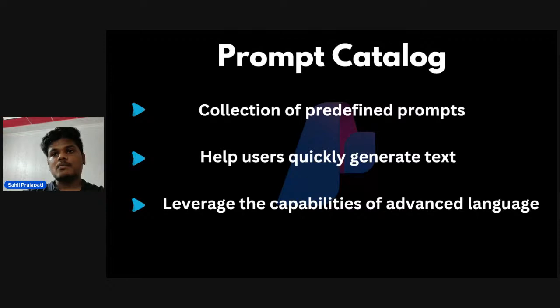It is a pre-built model defined by the other users, or that you can use to quickly generate a task. It leverages the capabilities of the advanced language. This means that you can use different types of prompt language.